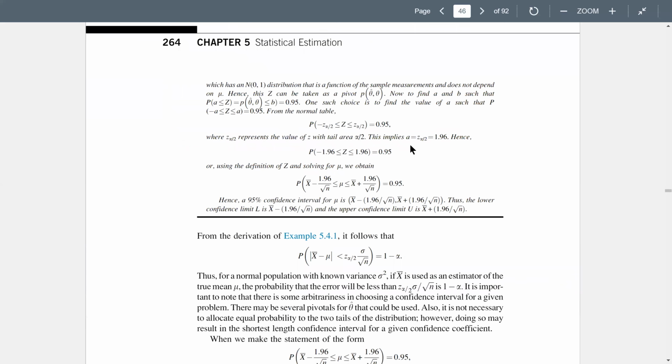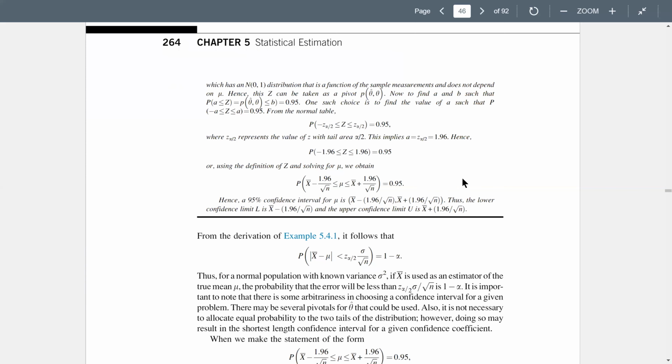Based on the normal distribution, a 90% confidence interval has 5% on the upper tail and lower tail, and so on and so forth. So that means the right tail is alpha over 2, and the left tail is alpha over 2, because it's symmetric about the center of the distribution, so it's positive and negative.